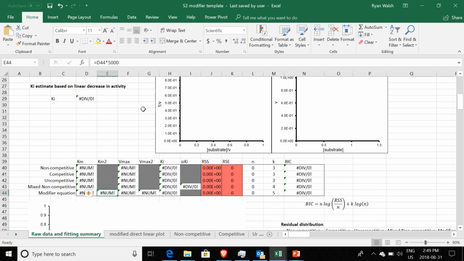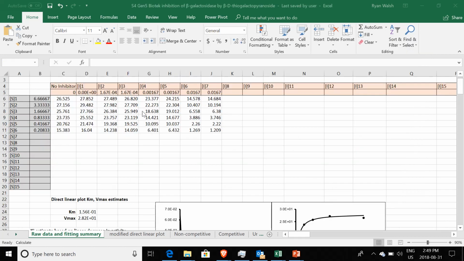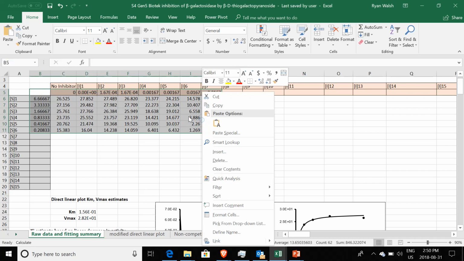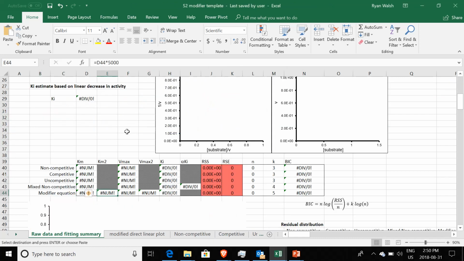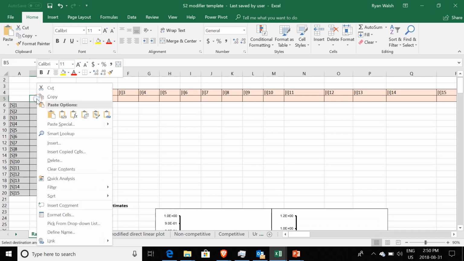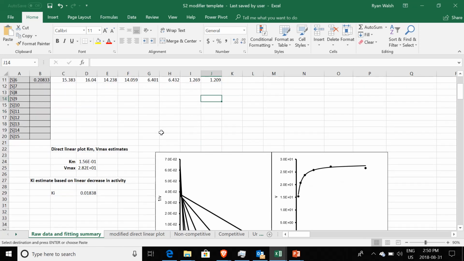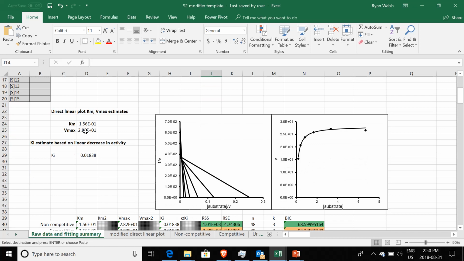So I've already fit this data. This is actually the first example in the paper that I talk about, but I'll just grab the data here to show you what happens when you would input your data into the spreadsheet. So just grabbing the data, you would place it here, and automatically you get the generation of your Km and your Vmax value.